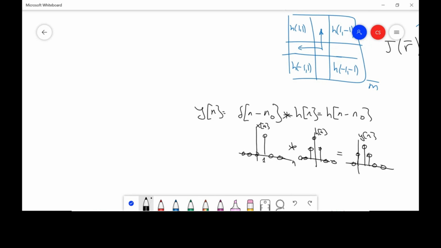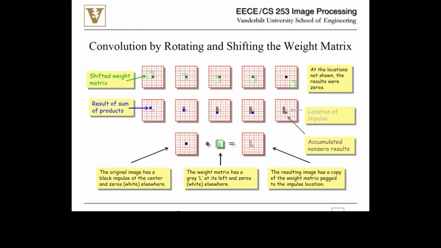So if you convolve anything with a delta, that thing will move to the location of the delta. Okay, so let's see if that is true also for images. It will be. Let's say that we are convolving this delta with this kernel. The result should be the kernel shifted to the location of the delta. And in the kernel, you have to define the origin. We did it here.